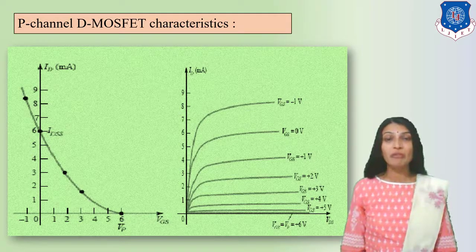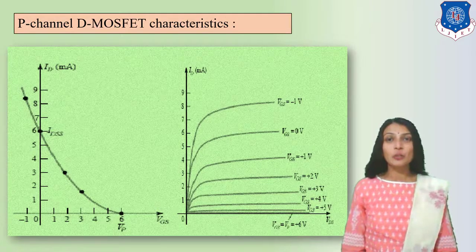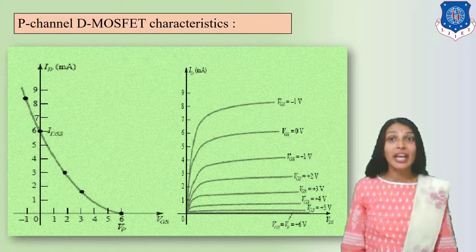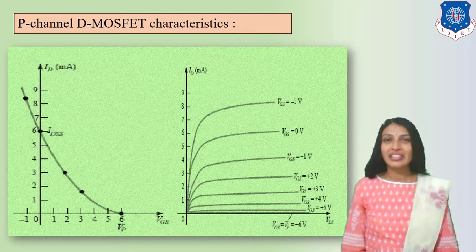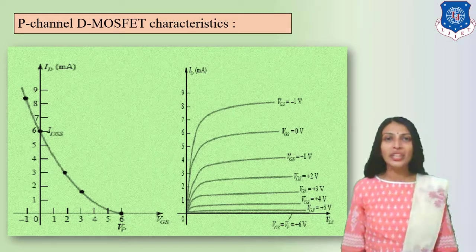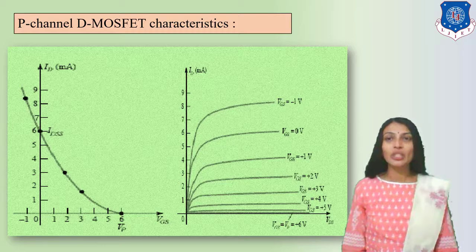For P-channel, we consider two main cases. Case 1, VGS is equal to 0, and case 2, VGS is a positive voltage 0, 1, 2, 3. And then what is the effect on current? It is shown by the characteristics using these two graphs, input characteristic and output characteristic. So finally, these are the characteristics of the P-channel D MOSFET.